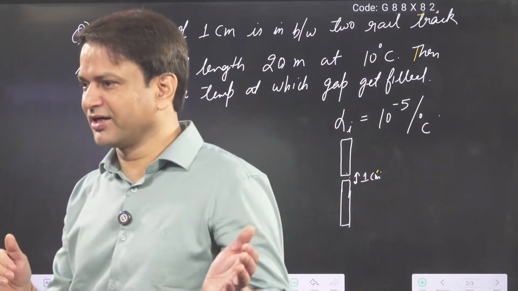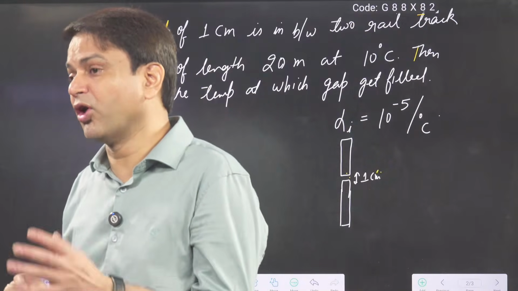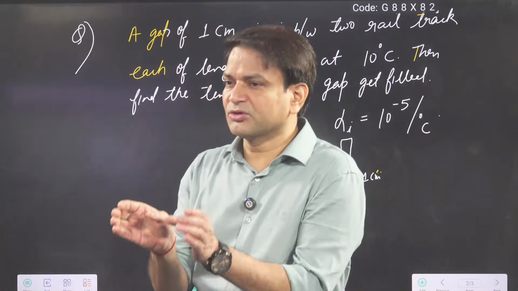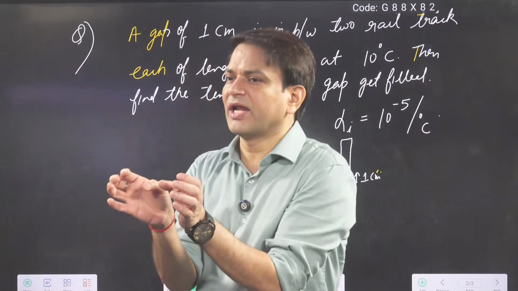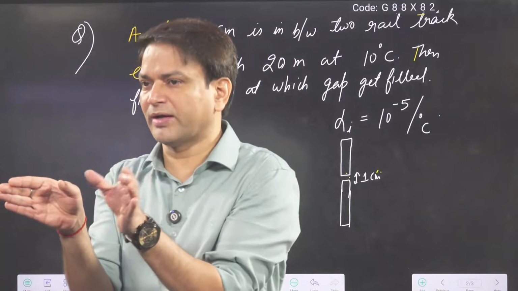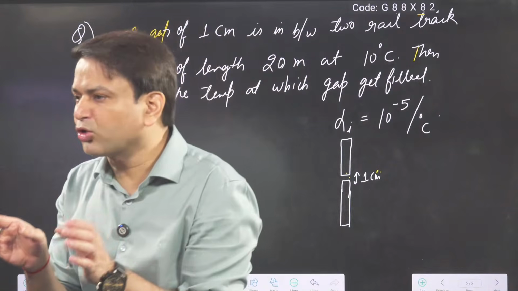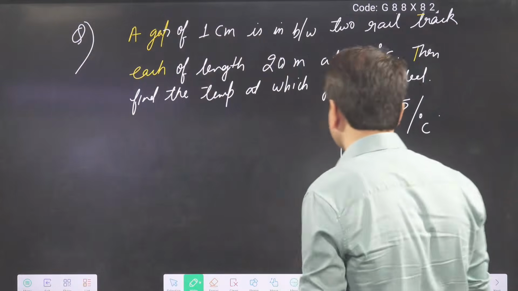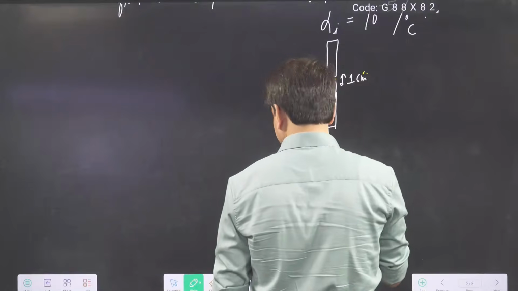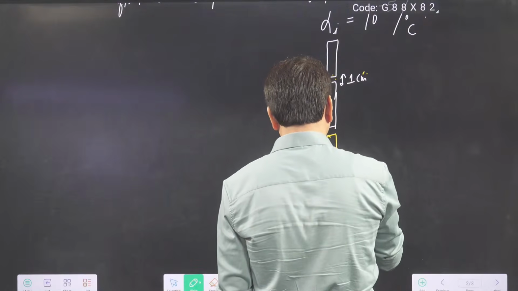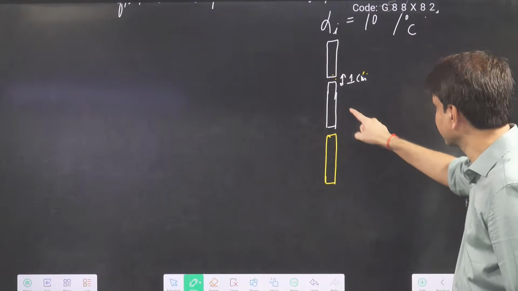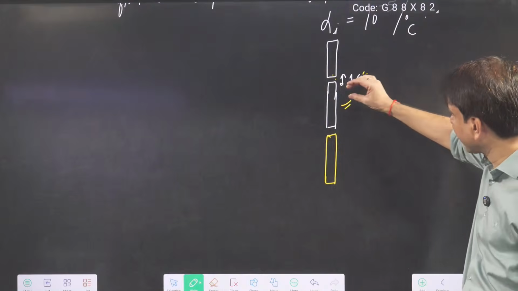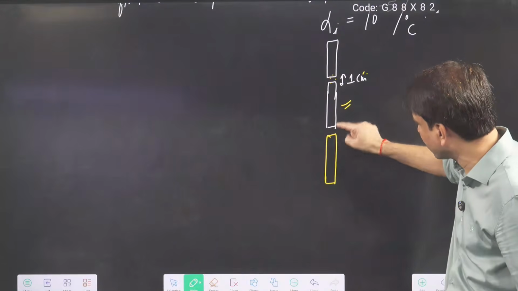But what they missed, track is what? To fill the gap, each track will expand 0.5, but the track will not only expand in one direction, right? The track will expand in the other direction also, because here also a track will be there. So if you are focusing on the middle track, the middle track will expand here 0.5, here also 0.5.